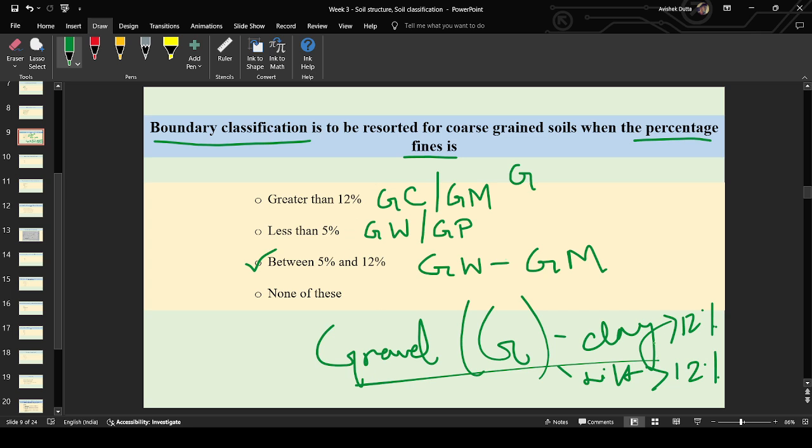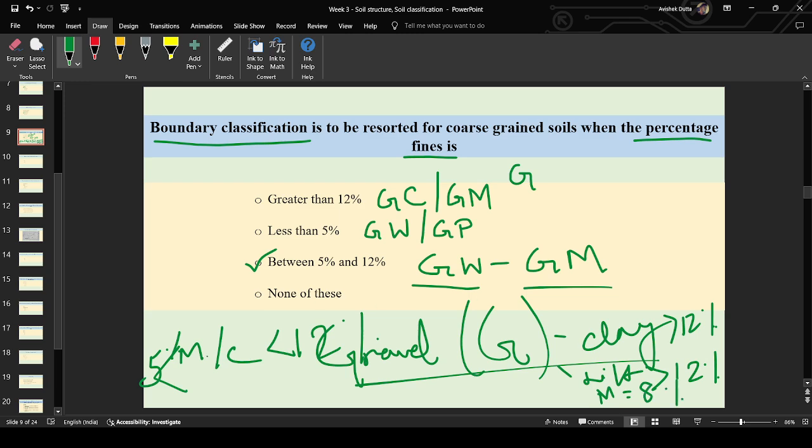Now if the percentage of silt or clay is between 5 to 12% by weight, then what can we do? In that scenario, we have to take both the gradation and the finer particles into the nomenclature. Suppose the gravel has silt, that is M. The percentage of M is 8% by weight.